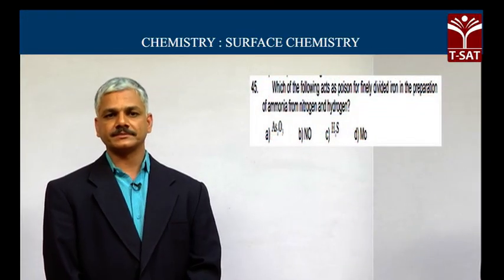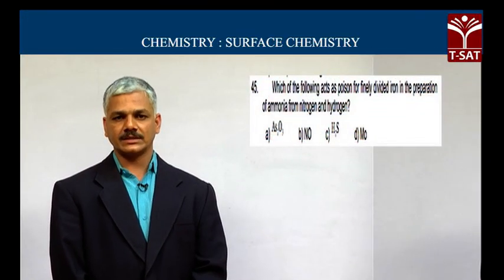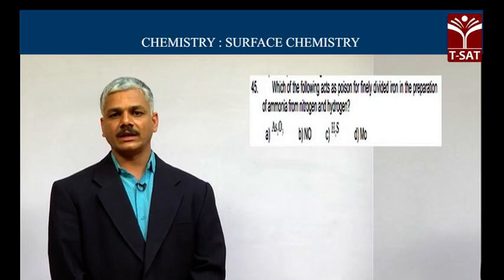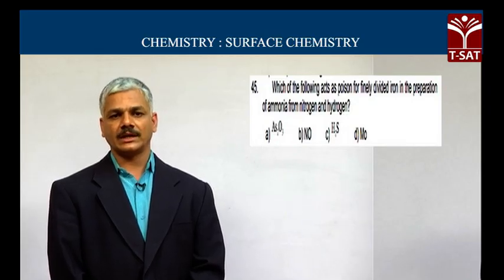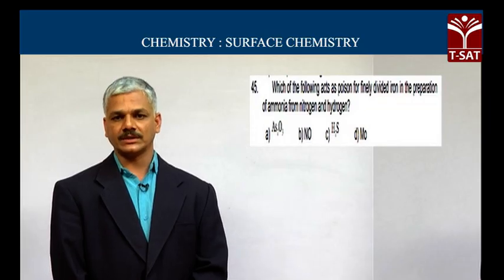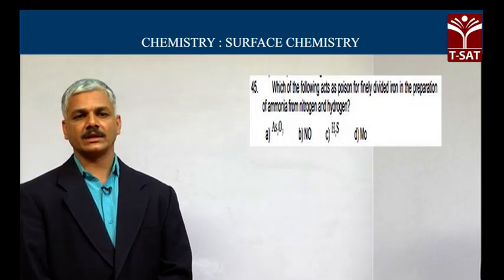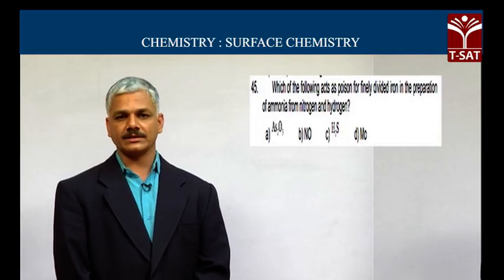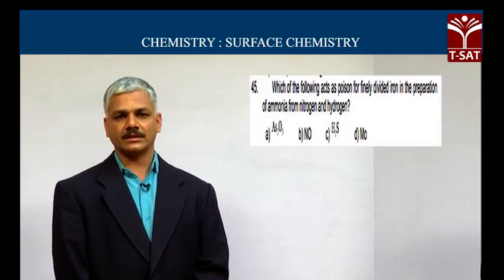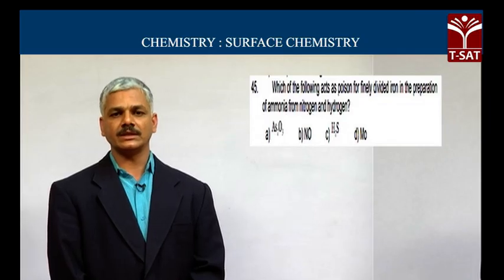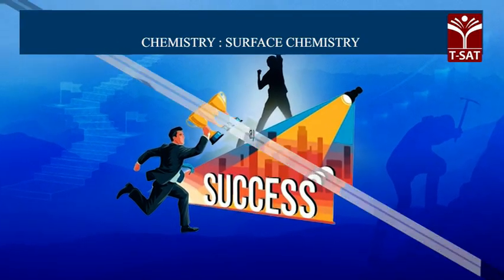45th question. Which of the following acts as a poison for finely divided iron in the preparation of ammonia from nitrogen and hydrogen? Given options are: arsenic oxide, nitric oxide, hydrogen sulfide and molybdenum. Correct option is C, hydrogen sulfide. 46.